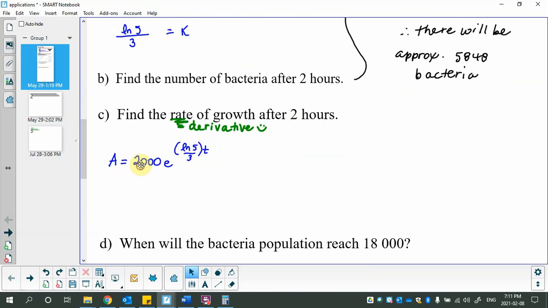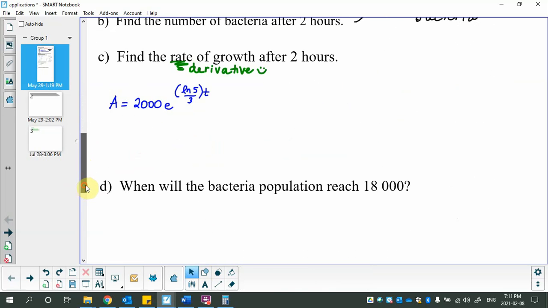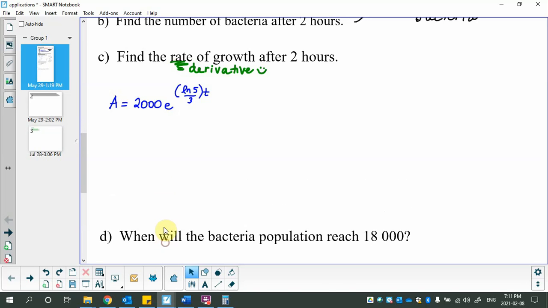So I need to take the derivative. Now normally I would put dy by dx, but this is a's and t's instead of y's and x's. So my next line will be dA by dt, the rate of growth with respect to time. So I'm going to toss down this 2000, then I'm going to take the derivative of e. Well, the derivative of e is itself.